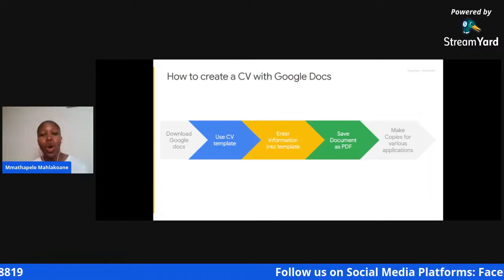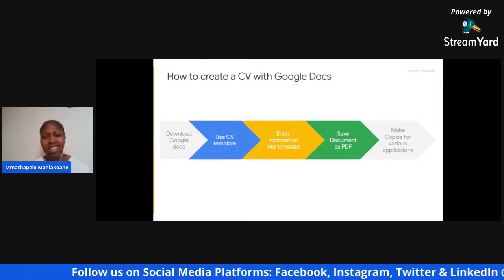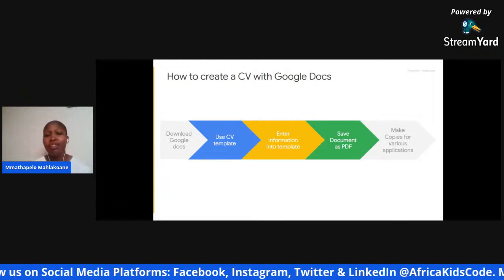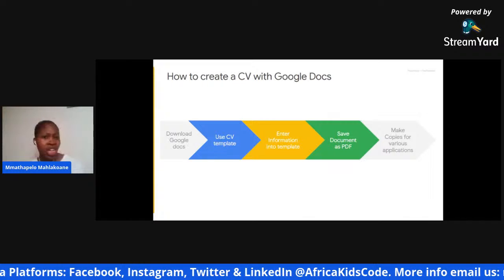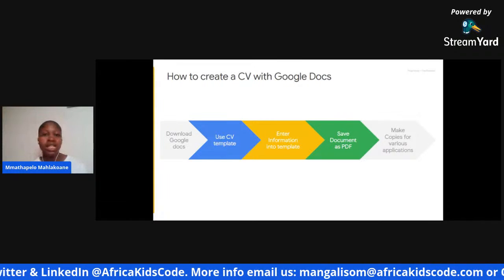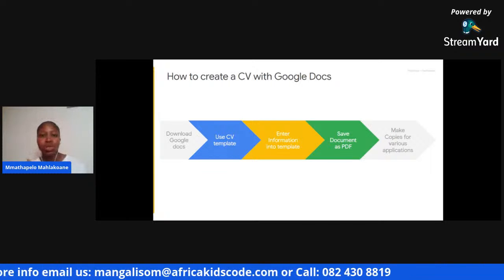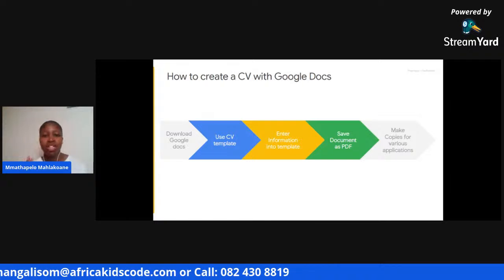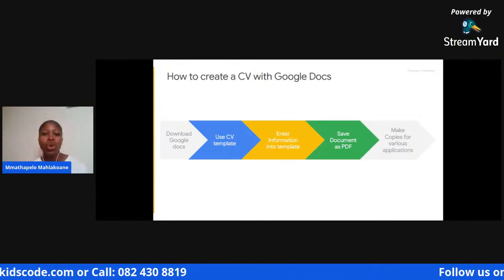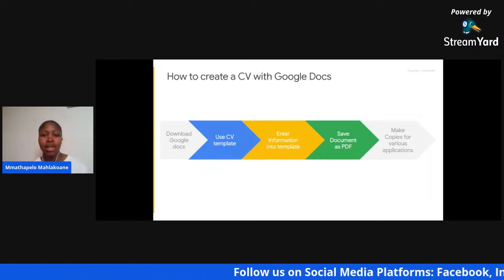Say you're applying for a software development job or a HR position, that means the content will be different, and the experiences and all of that will be different for each and every CV that you're going to use. So make sure that each application you send, you keep a copy of it.